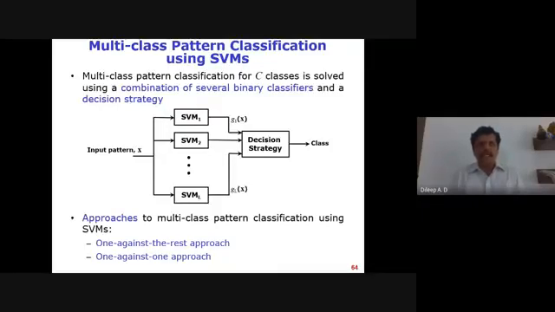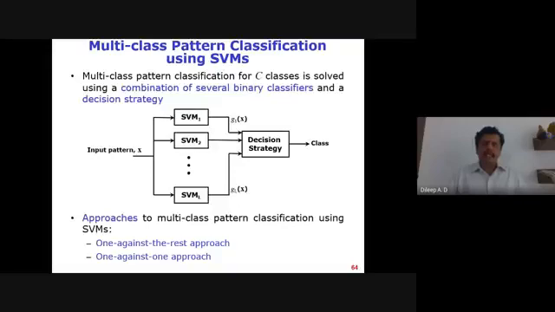That's what we call multi-class pattern classification. How does the support vector machine handle this? Basically, the multi-class problem is decomposed into multiple two-class problems. There are two approaches: one against rest, and one against one.